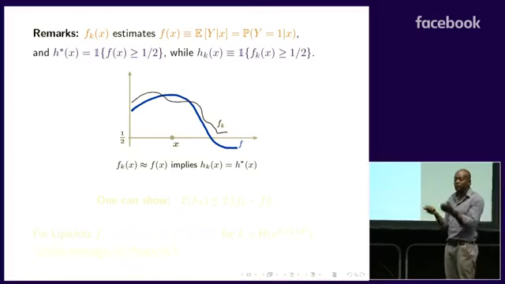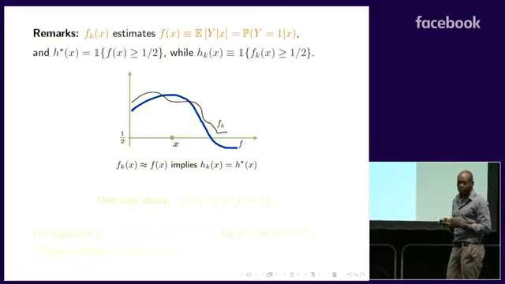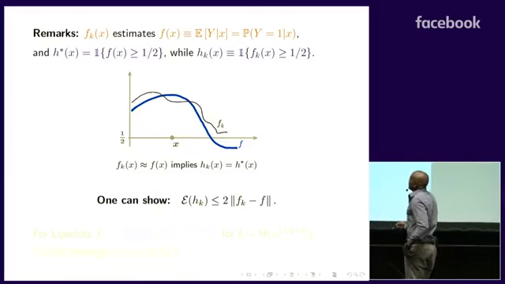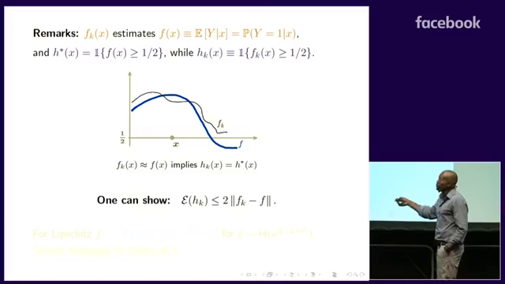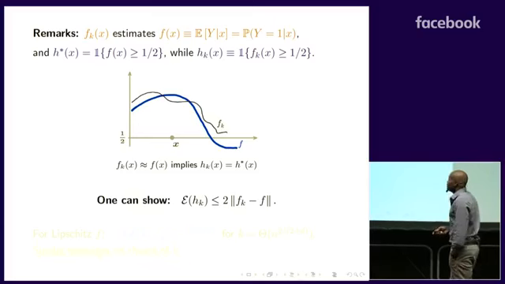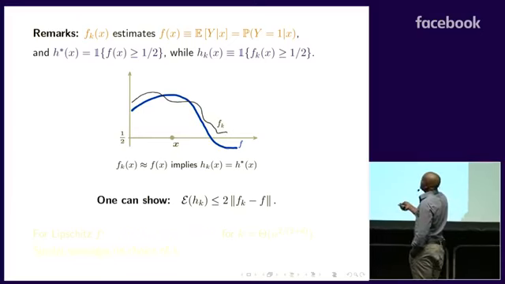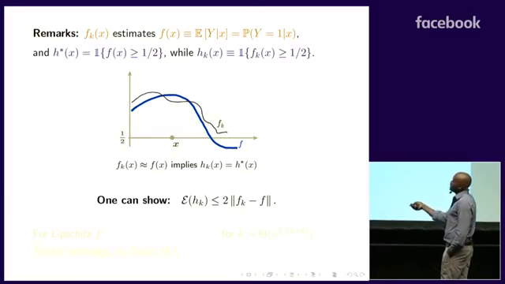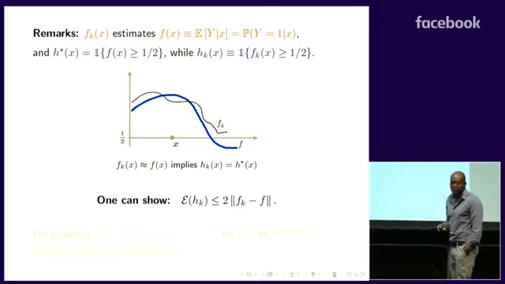So the excess error will be 0. And in fact, more formally, one can show that the excess error is at most twice the difference between f_k and f. In other words, if f_k is close to f, then the excess error is close to 0.